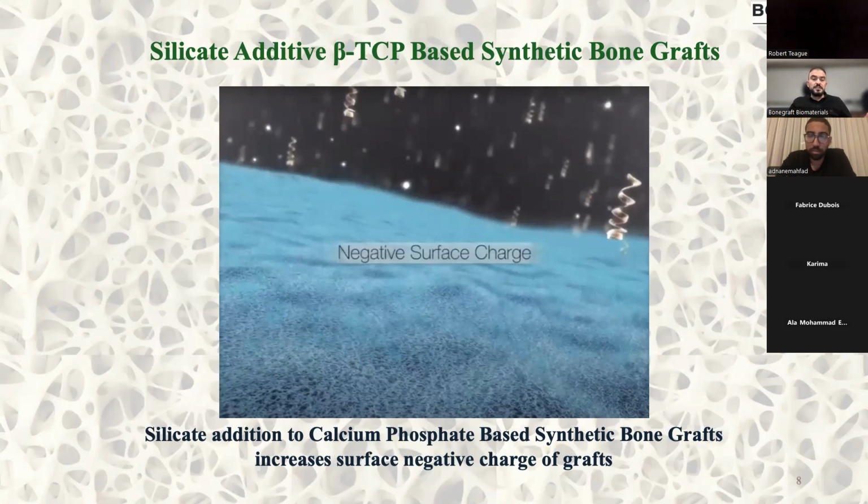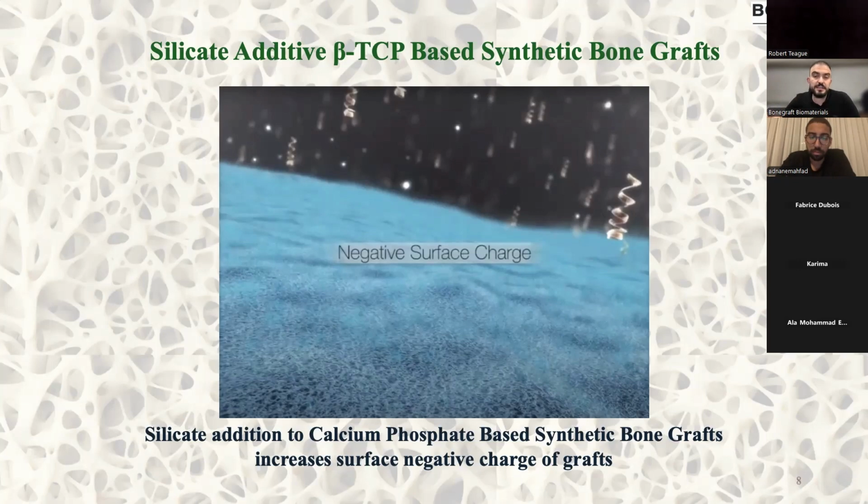Originally, calcium phosphate based synthetic grafts, and beta-tricalcium phosphate is also calcium phosphate based, are not negatively charged. As we know, the implanted area of bone grafts is going to be exposed to blood, right? Inside the blood, we have positively charged extracellular matrix proteins.